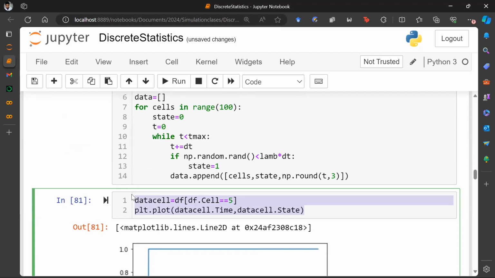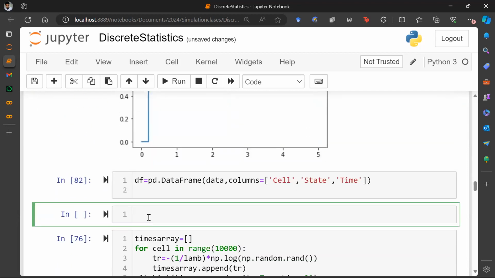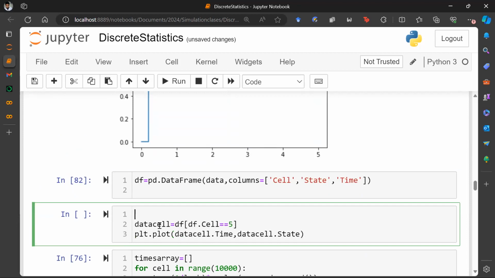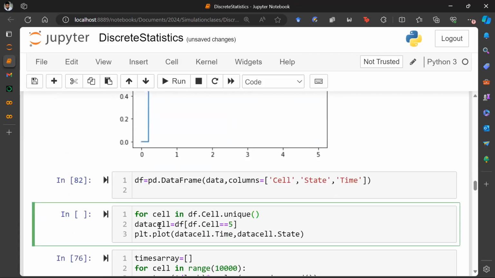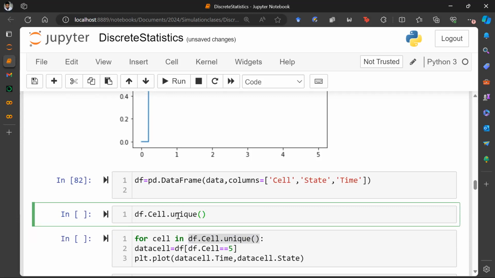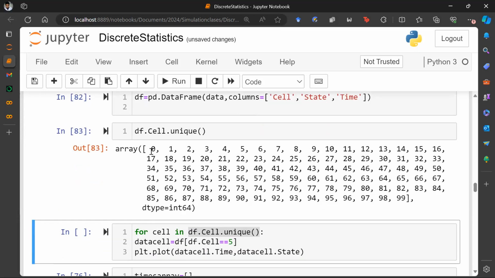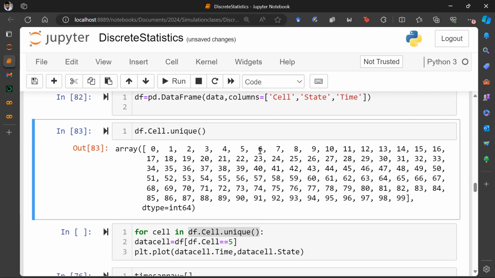Okay, I copy this and paste. And use a loop: for cell in df.cell.unique. This function unique gives you the total cells you have in the data frame. If I run this, it's going to give you the names of the cells 0, 1, 2, 3 until 99.